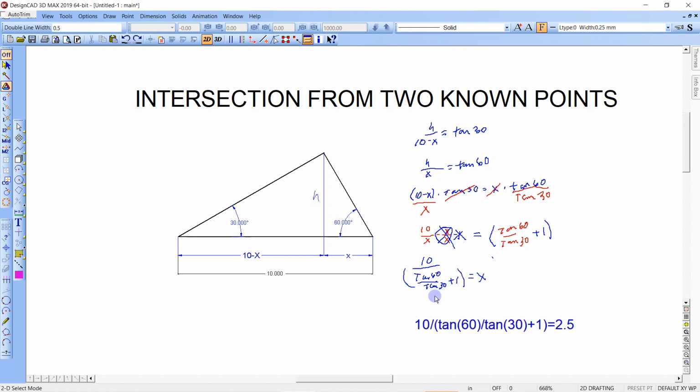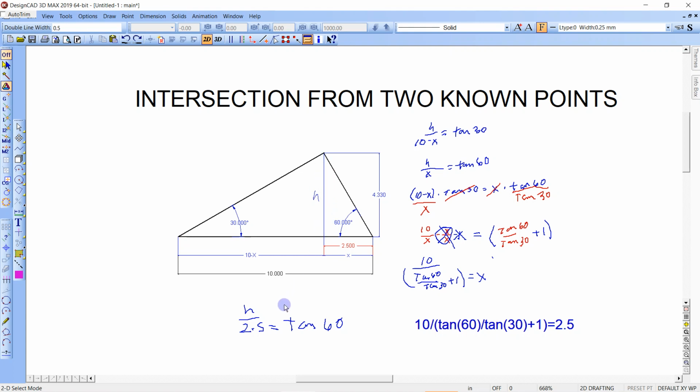So if you put it into a calculator and type this in, we'll get 2.5. Yep, 2.5. So that's how you solve for this, and then you go to solve for the h. You're not looking for that, you're looking for the h and the x, right? So now we have this coordinate minus 2.5, we have the x.